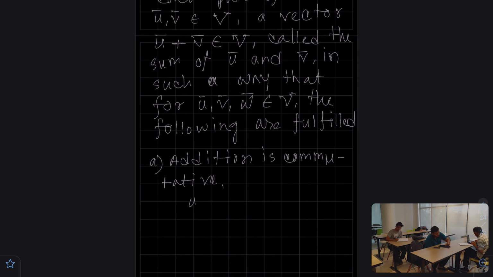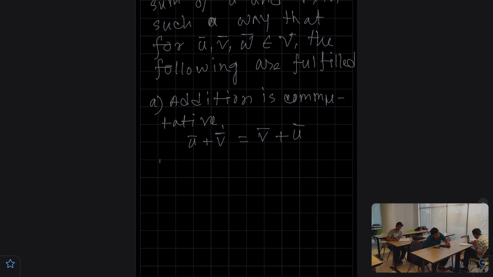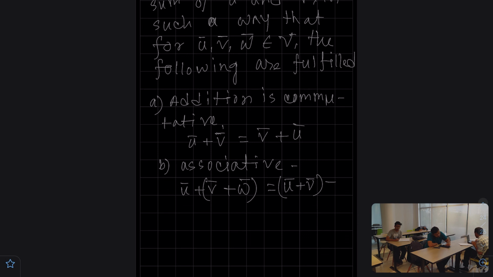That means u vector plus v vector equals v vector plus u vector. The second one is associative. So u vector plus v vector plus w vector is actually u vector plus v vector plus w vector.